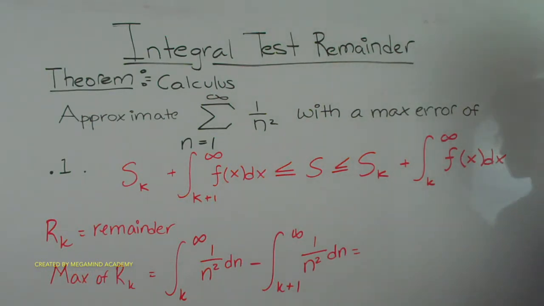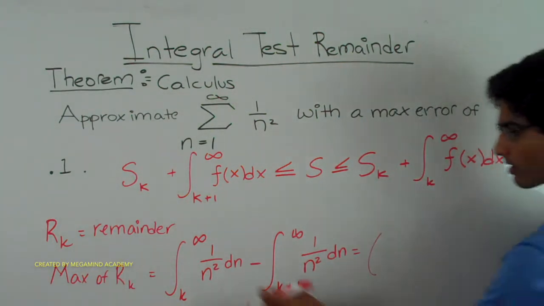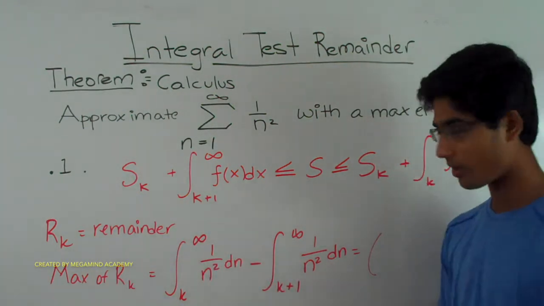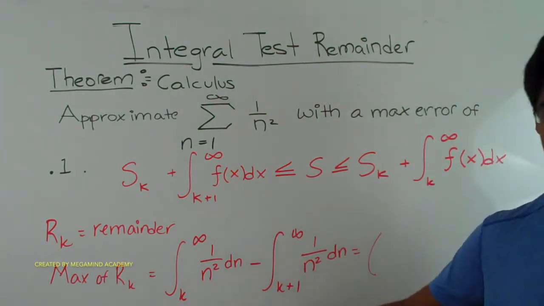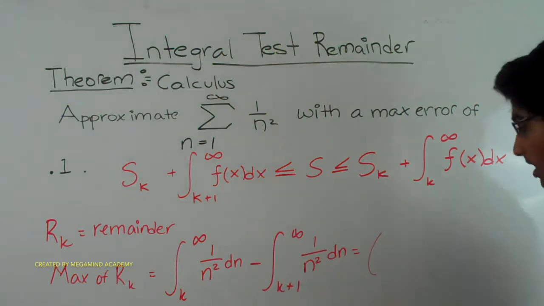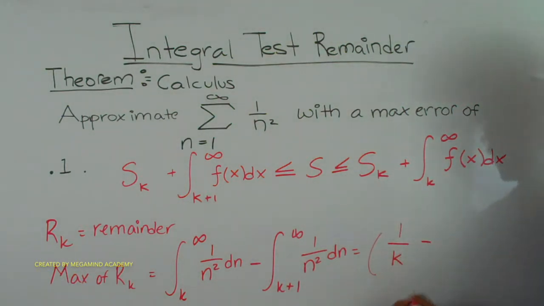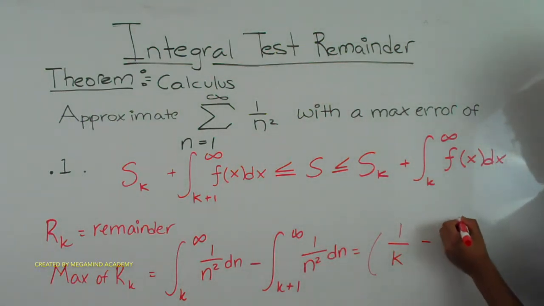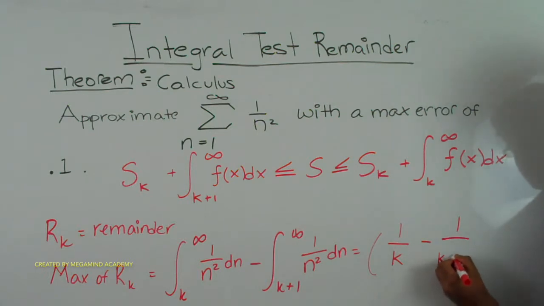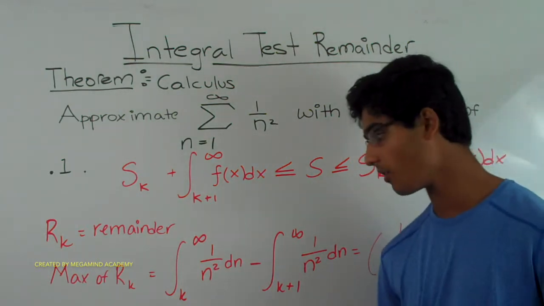So basically, this turns out to be negative 1 over infinity, which is 0, minus negative 1 over k, which becomes positive 1 over k, minus positive 1 over k plus 1. So 1 over k minus 1 over k plus 1 is our answer, the maximum value of r sub k.